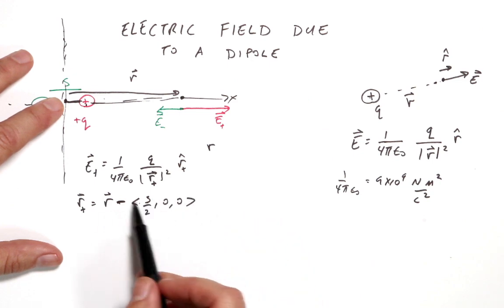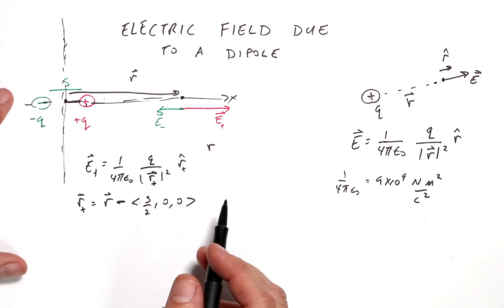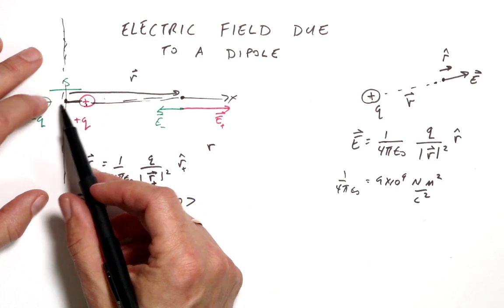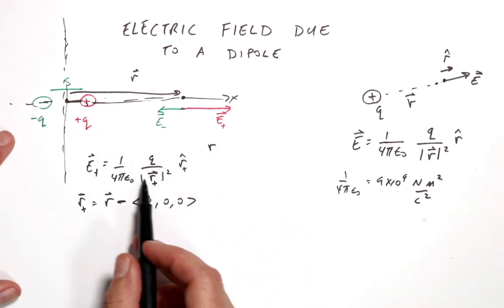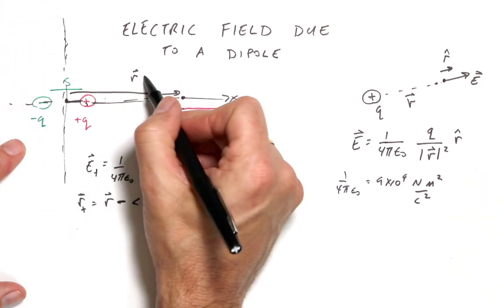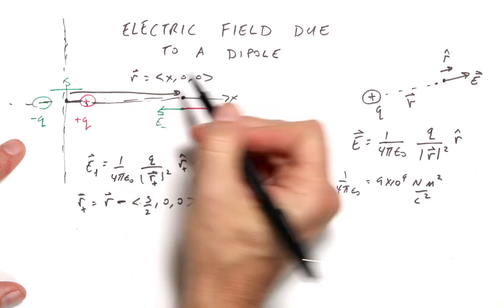I'm using this bracket notation for vectors because that's the way my favorite textbook does it. Since this is the distance s, this is the distance s over 2. Now I can write r as the vector x, 0, 0, because it's in the x direction.